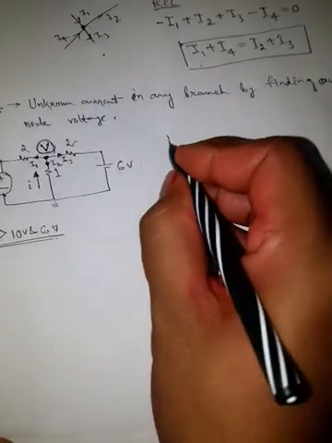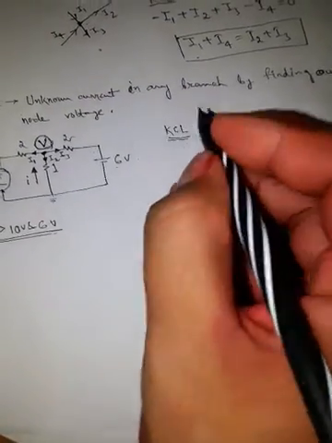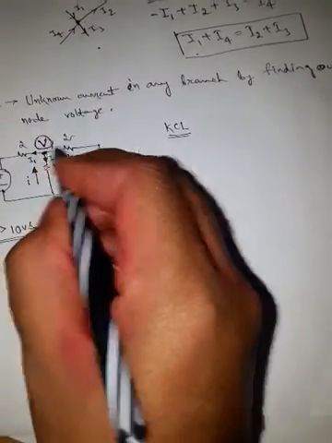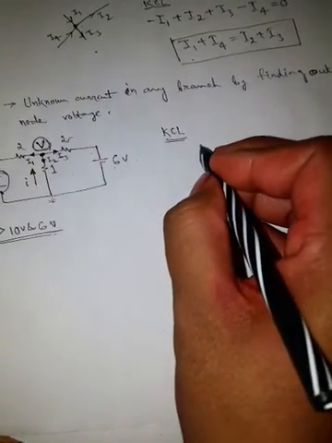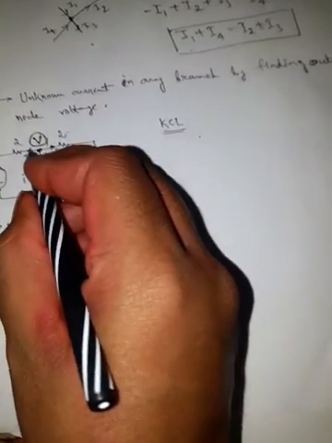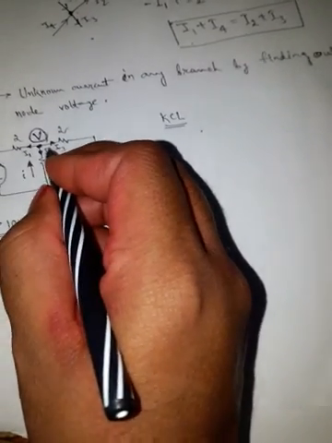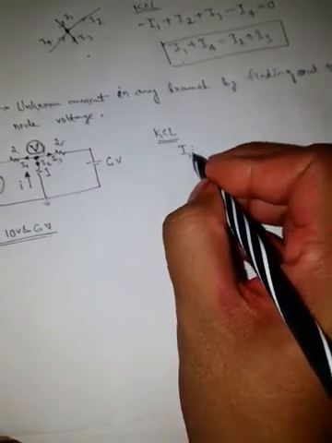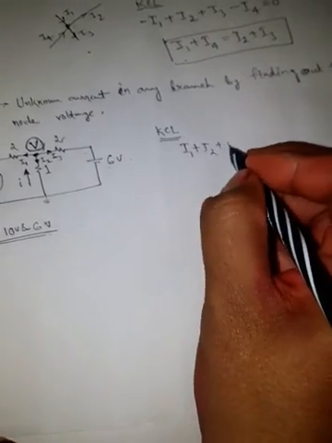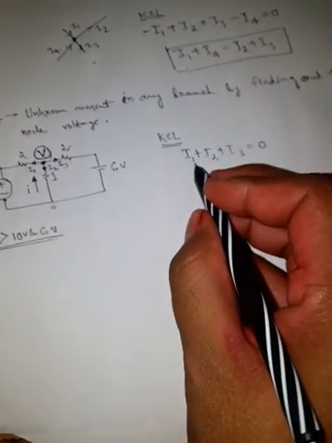Now I apply KCL at this node. I have taken this direction as positive because all three currents are leaving the node. So I1 plus I2 plus I3 is equal to 0. What is I1?